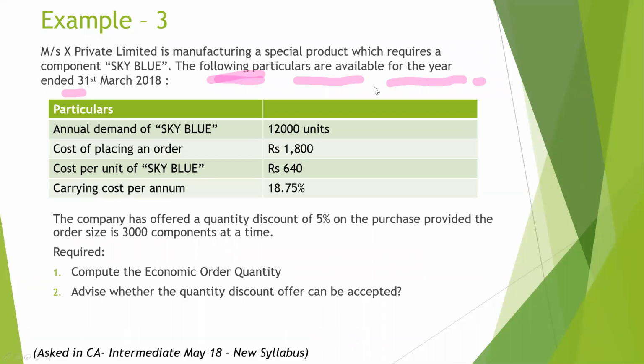We'll now look at another example which was asked in May 2018 new syllabus. So, it's mentioned in the question that Messrs X Private Limited, a manufacturing company, requires a component sky blue. The annual demand is 12,000 units.